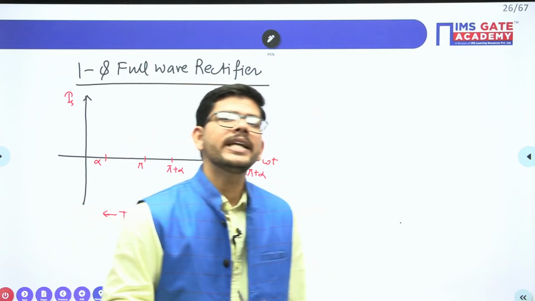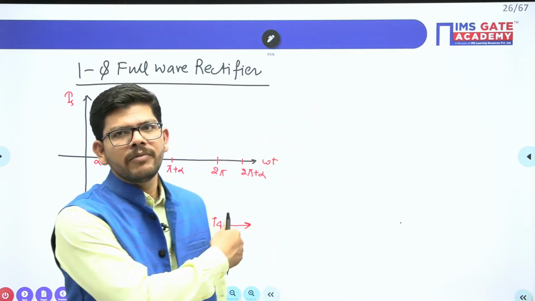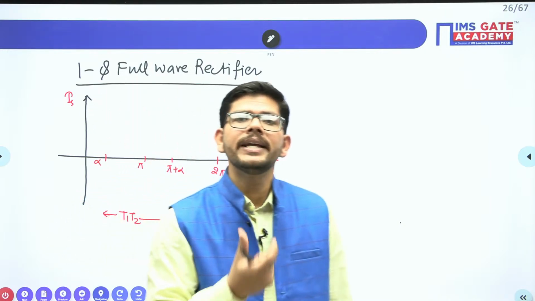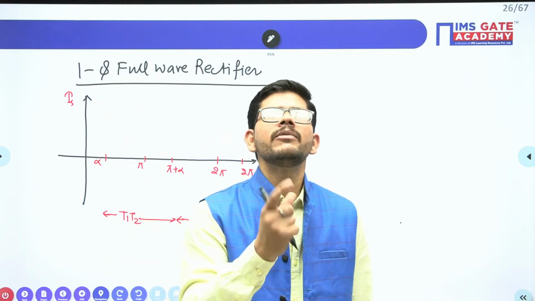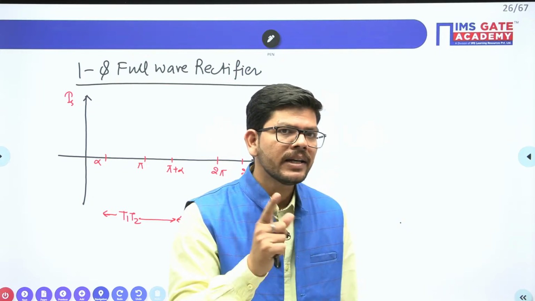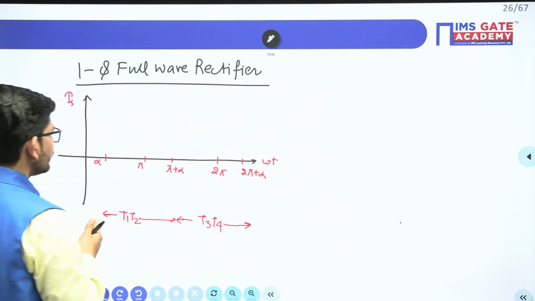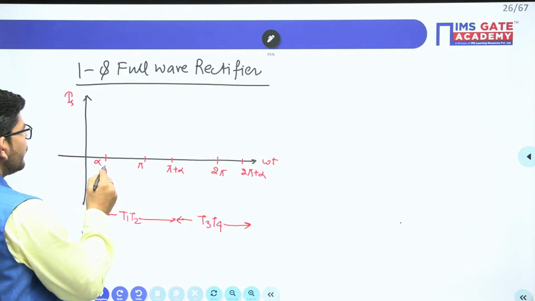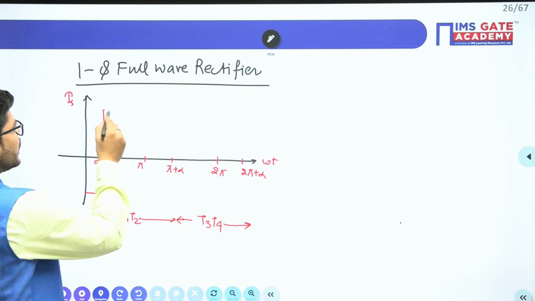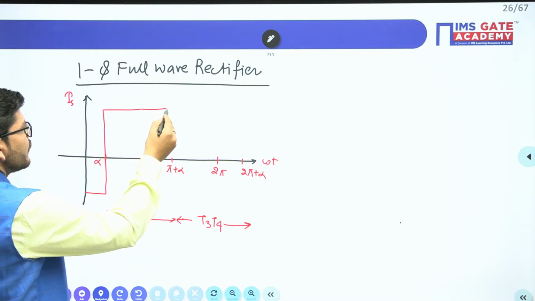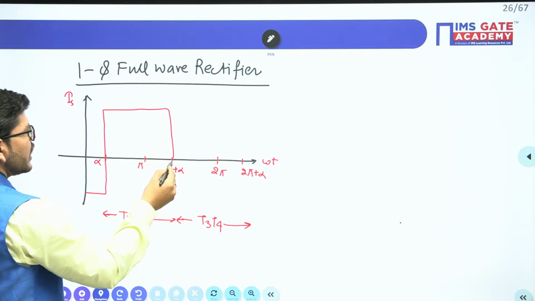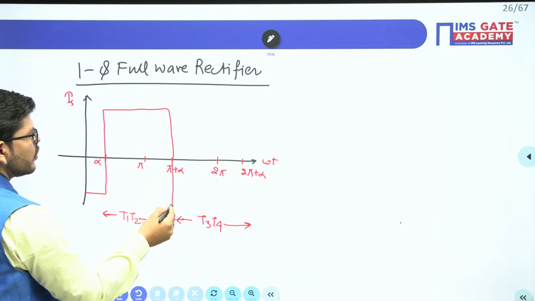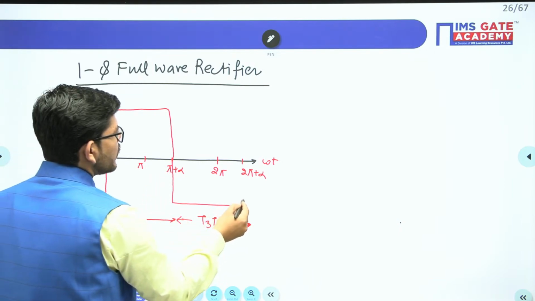If this was an R load, we have already done one problem for that. So for RL and RLE load, this will be the case. So how is the current waveform? When T1, T2 is conducting, the source current is exactly equal to I naught, and when T3, T4 are conducting, the source current is equal to minus I naught.